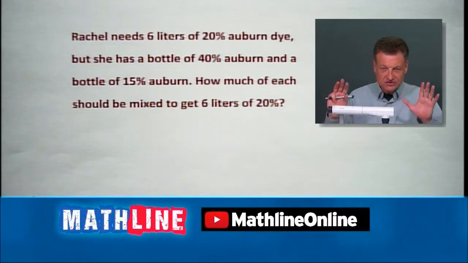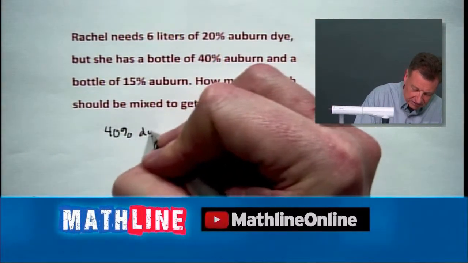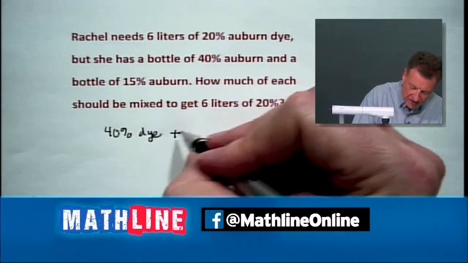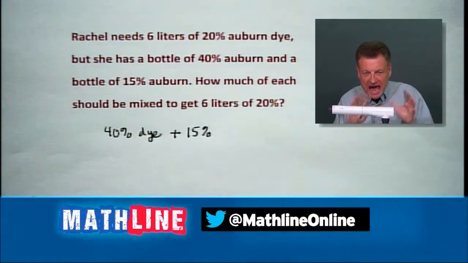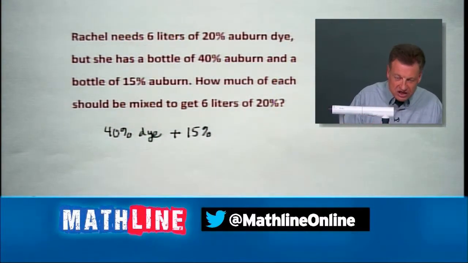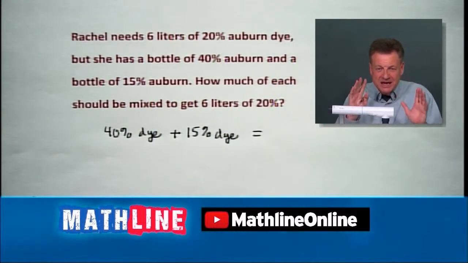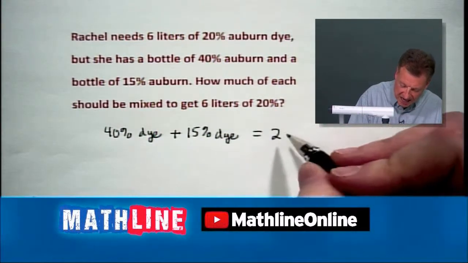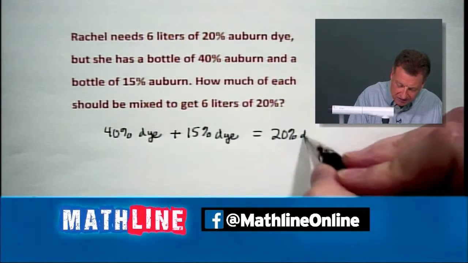All right, so let's talk the story here. We're going to start with a 40% dye. We're going to mix it together with 15% dye, and come up with a happy medium. Oh, everybody's saying, I get it. I hope you are. 20% dye.